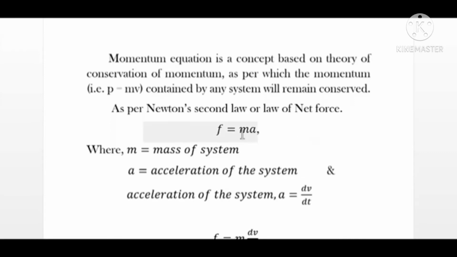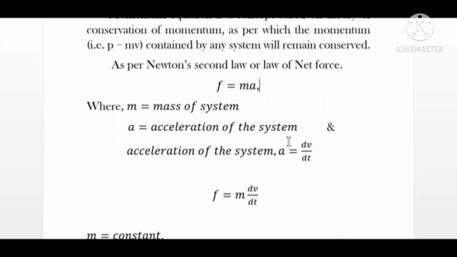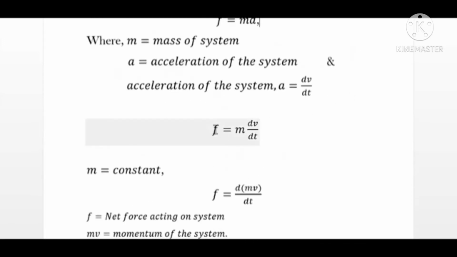Fine. So we know that F is equal to ma, and where a is equal to the derivative of velocity, that is time rate of change of velocity. So we can write force as mass multiplied by time rate of change of velocity. We know that this mass is a constant thing and can be taken into this derivative.